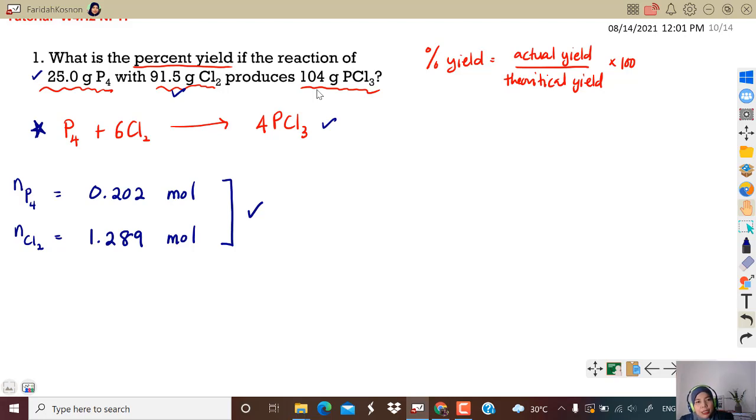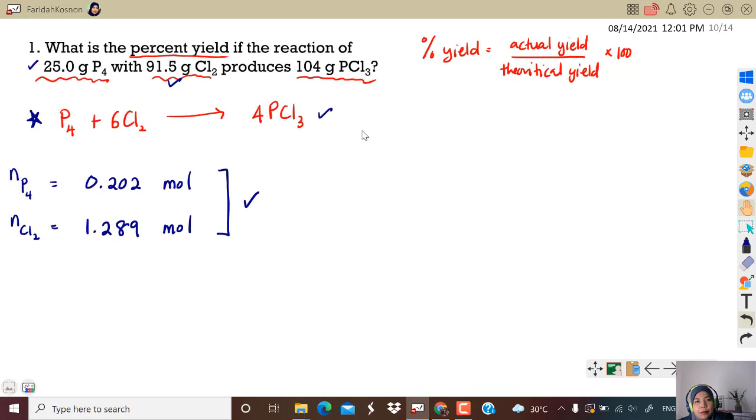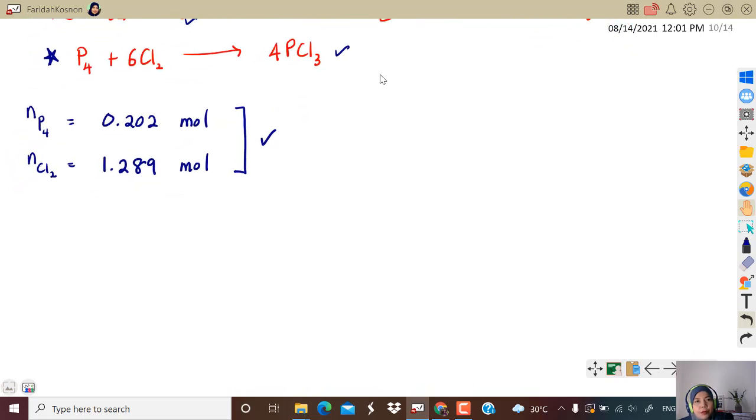Sebab ada juga reaction yang kedua-dua dia tak ada excess reactant, maksudnya both reactant tu memang habis. Jadi dalam case ni, walaupun soalan tak mention determine the limiting reactant, but in order to determine how many moles of PCl3 produced, we have to determine the limiting reactant. Jadi macam biasa kita tentukan limiting reactant by referring to the balanced chemical equation.